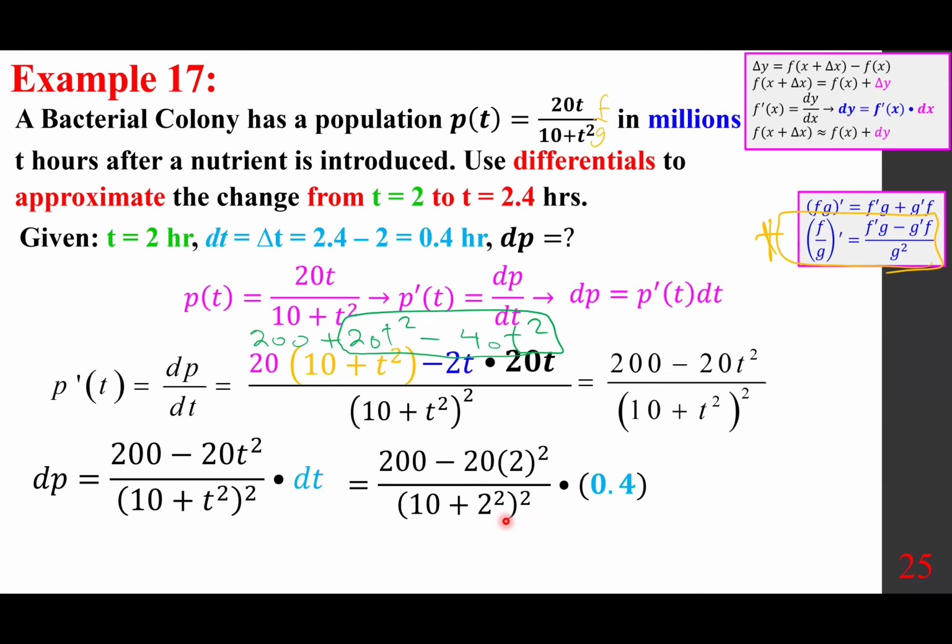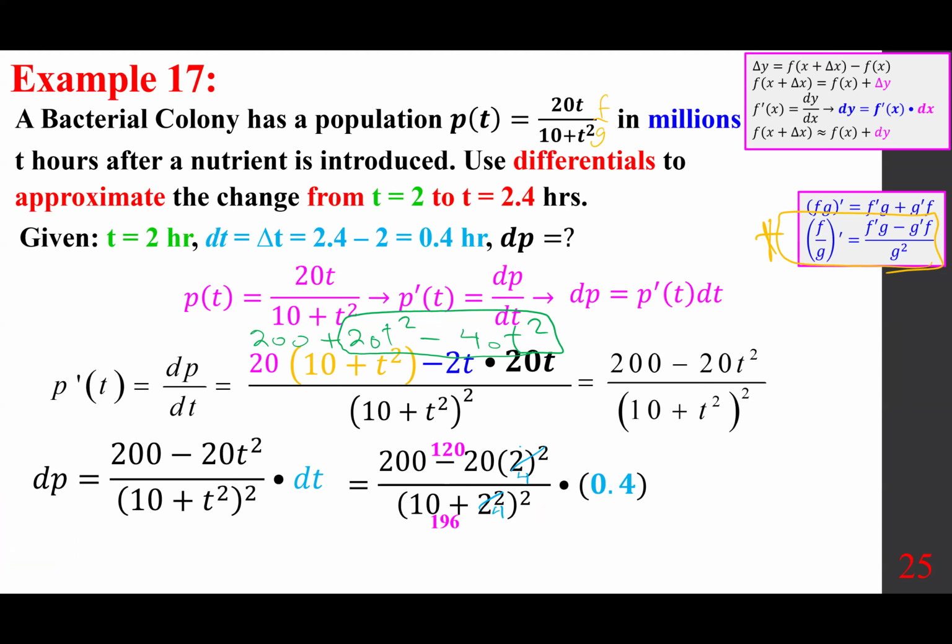10 plus 4 is 14. Squared is 196. 4 times 20 is 80. 200 minus 80 is 120.